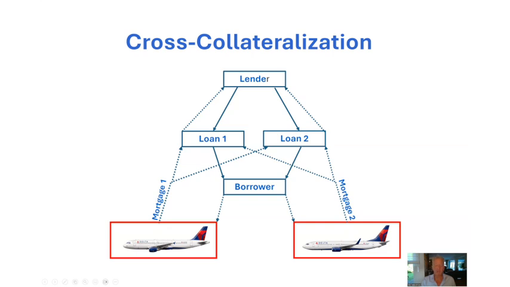Any remaining value in mortgage one after we've satisfied loan one will go to the benefit of satisfying loan two. So this is a two-way cross-collateralization that has a very, very beneficial effect on the overall risk for the lender. So we're going to look at that.